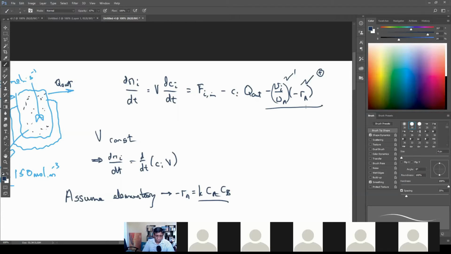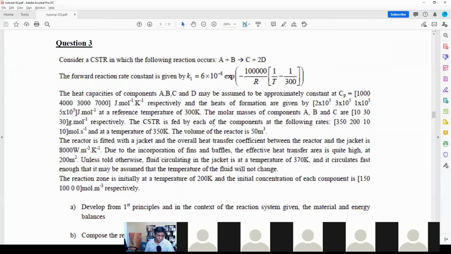Okay, now we need to be able to solve this equation. So V is fine. We know we have a number for V. This is also fine because for concentration, that's the variable of the equation. Fi in fact, is simply given to us. So we are simply told all the molar flow rates into this reactor.